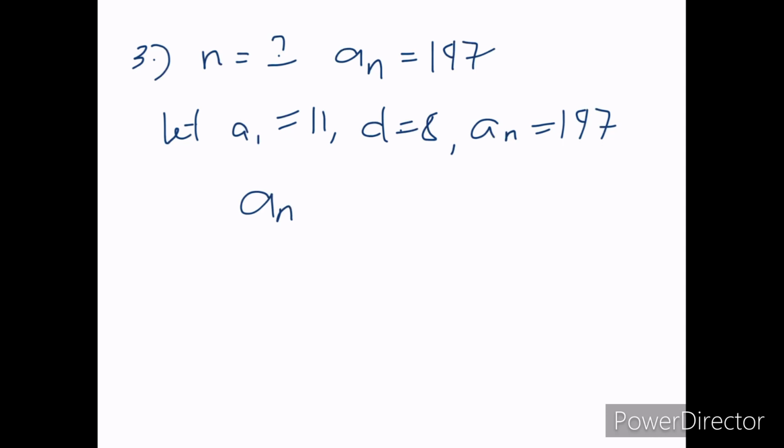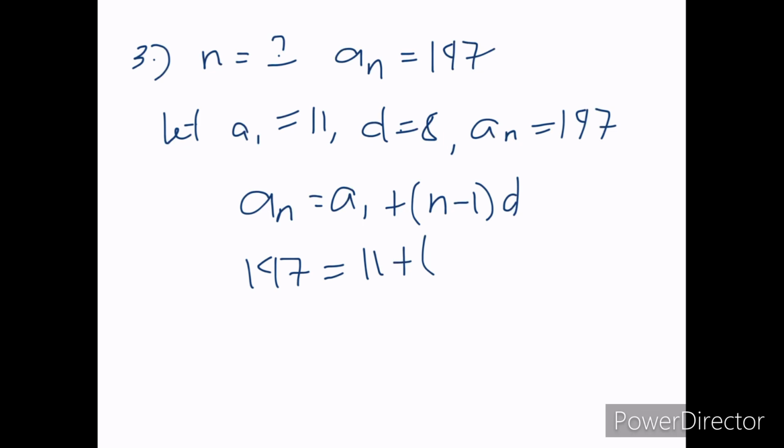Again, using the formula, a sub n is equal to a sub 1 plus n minus 1 times d. So our a sub n, 147, equals our a sub 1, 11, plus, again we are looking for n, so n minus 1 times our d, which is 8.